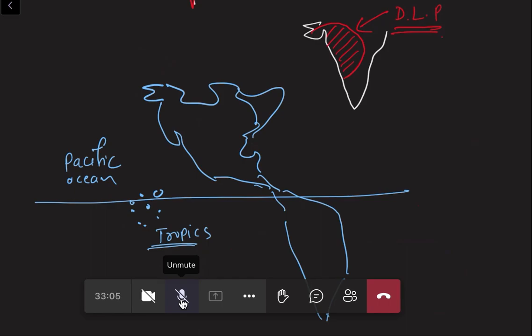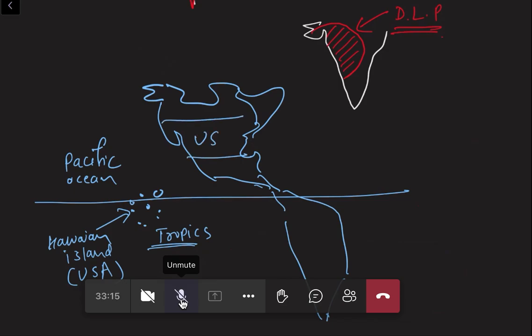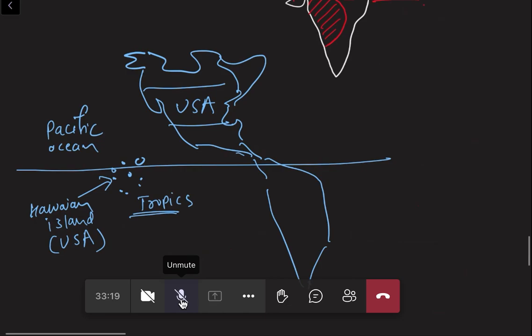Right, these are the Hawaiian islands. These islands belong to the USA, America. Now, what kind of islands are these? These are domal type of islands.